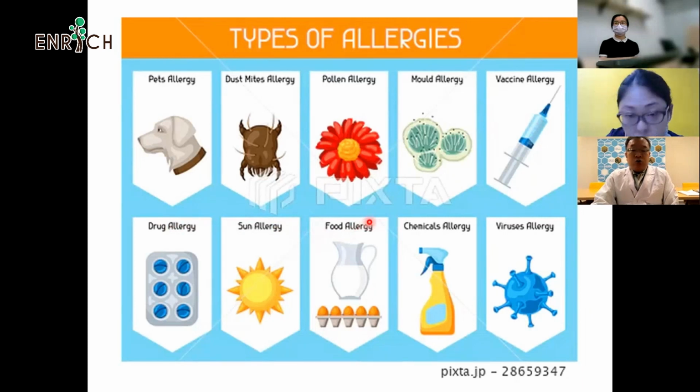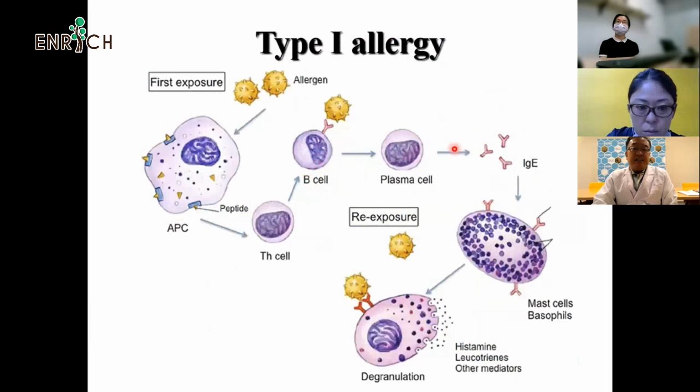These are acute reactions, and type 1 allergy is involved in the mechanism. Type 1 allergy is divided into 2 steps. At the first step, some allergen gets into our body, and then APC, including macrophages, process the allergen, and the information about the allergen is transmitted to B cells through helper T cells.